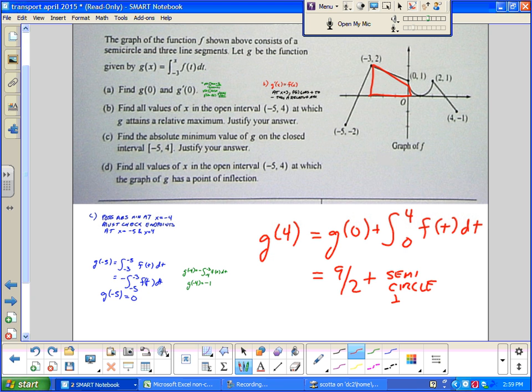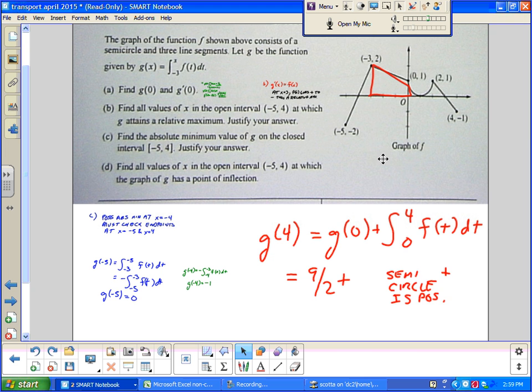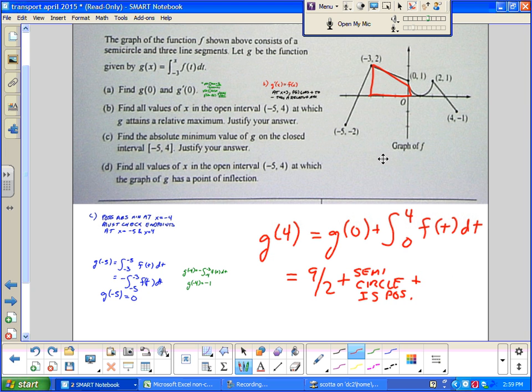And do you guys agree that there's a positive triangle, and the integral from 2 to 4 of f of t dt is 0?